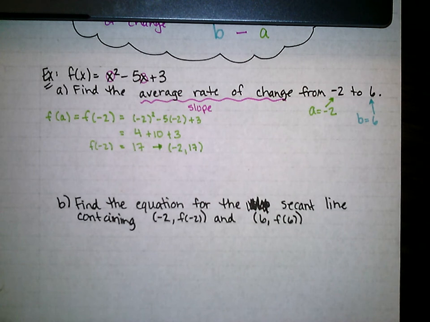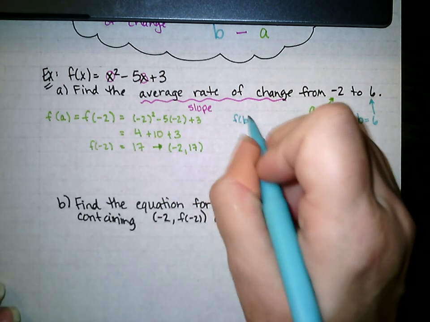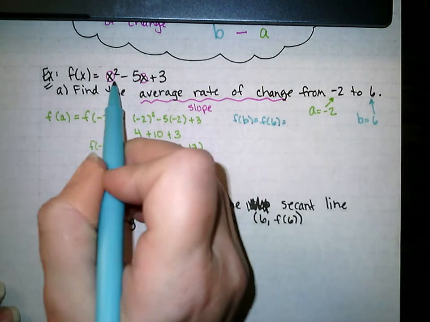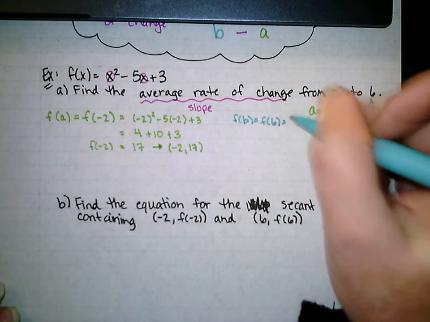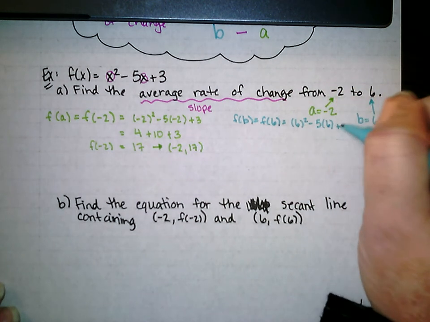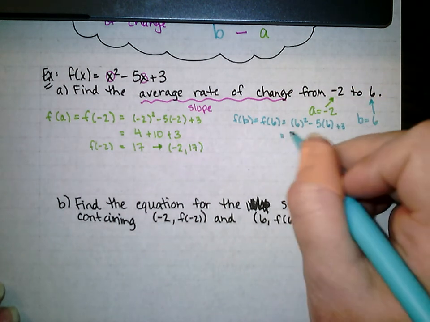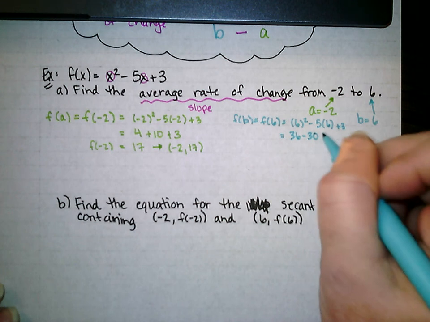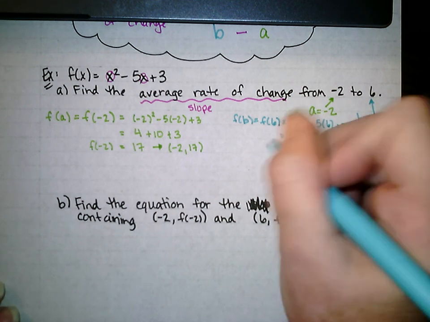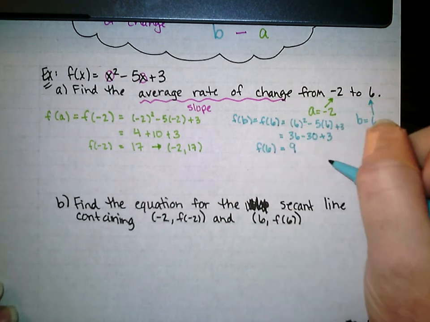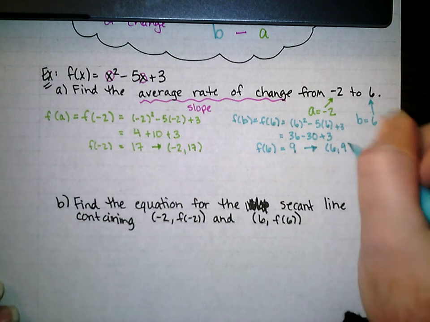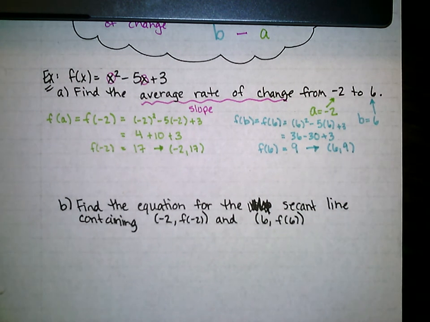Then we'll do the same thing for f of b. F of b is going to be f of 6, which means my input is 6. So I change that to 6 squared minus 5 times 6 plus 3. So 36 minus 30 plus 3, which is 9. So f of 6 is 9, which gives me the ordered pair 6, 9.